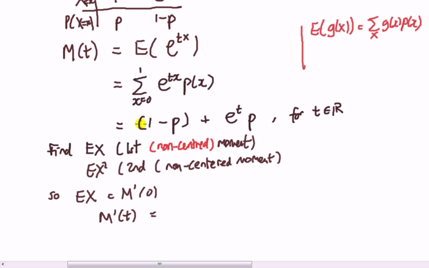Alright, differentiate. It's a sum of things. Differentiate each term by t. Well, that's a constant with respect to t, so that's 0. Plus, differentiate this guy with respect to t. Well, that's a constant times a function of t, so just put that there and differentiate this thing with respect to t.